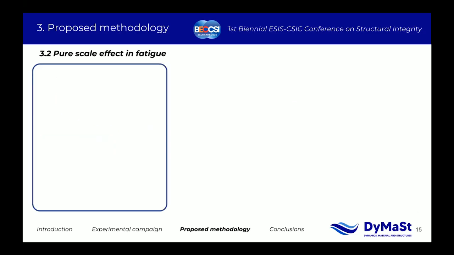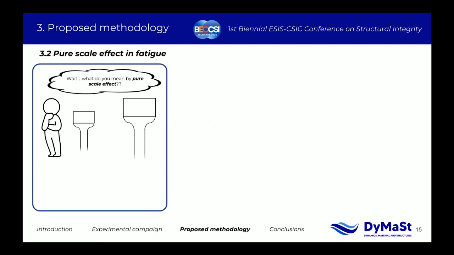Now that we have seen the basic formulation of the fatigue model that we are going to use, I'm going to divide the proposal in 2 steps. First, we are going to see how we can assess the pure scale effect in fatigue. What is the pure scale effect in fatigue? I put here these 2 specimens.